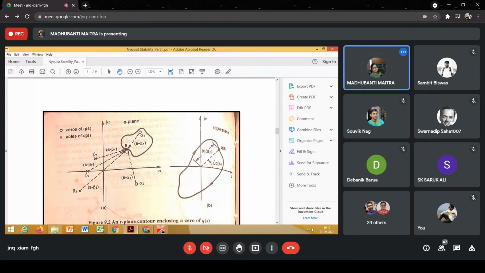Now let us consider this phasor. As we move along this contour in the clockwise direction, this phasor will move like this. Can you follow the cursor? And ultimately, the final position of the phasor will be like this.